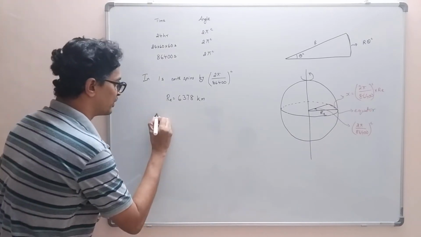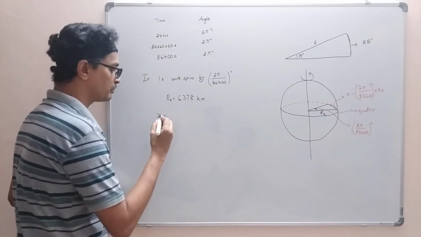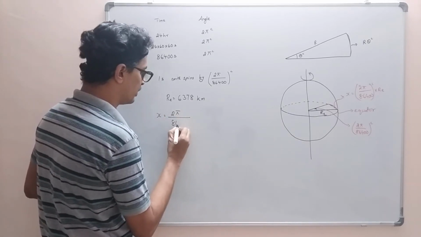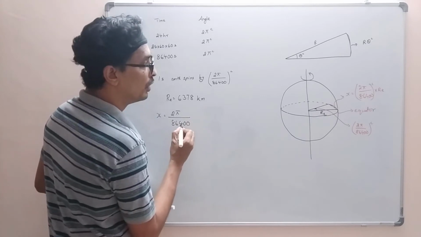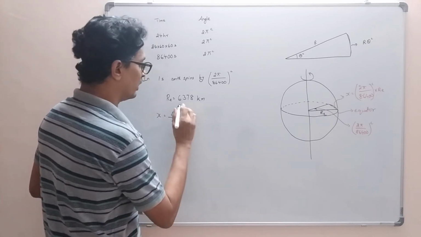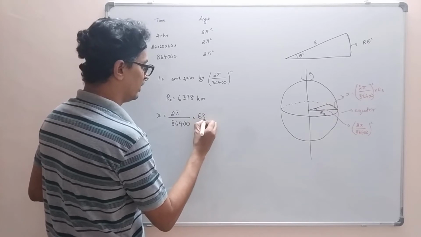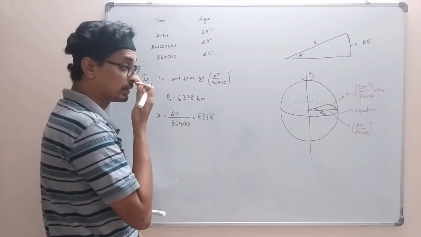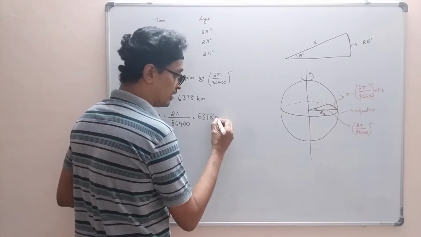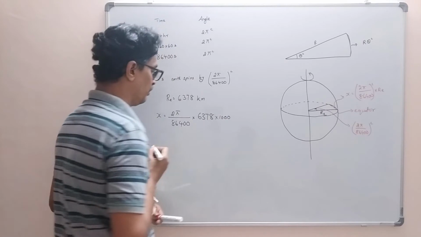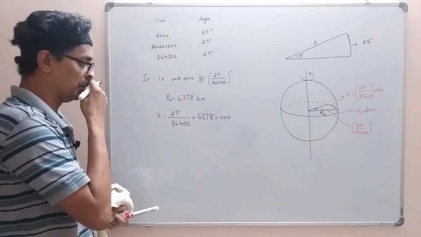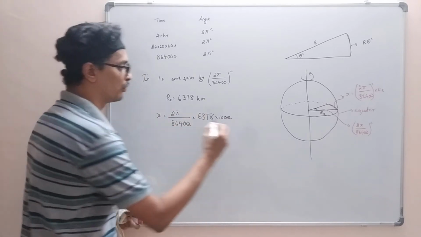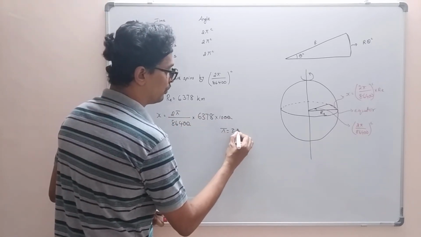So let us find it out. x is equal to 2 pi by 86400 into RE. RE is 6378 kilometers. I am going to make it in meters, so that is into 1000, correct? The zeros get cancelled. Let us use pi equal to 3.14.